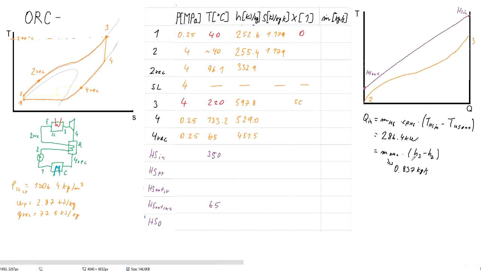So for this, we can get the work of the cycle, well, the work of the pump here, work of the expander is H3 minus H4, so 68.77.